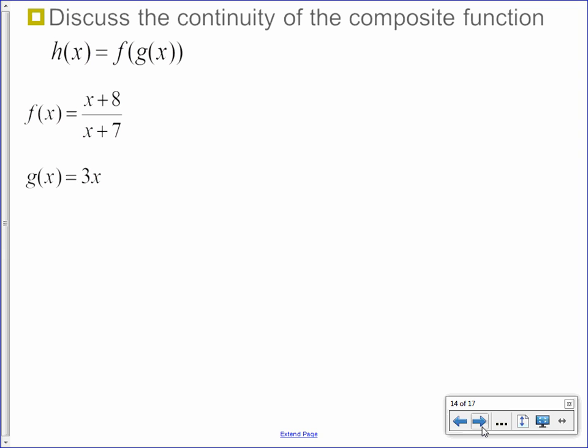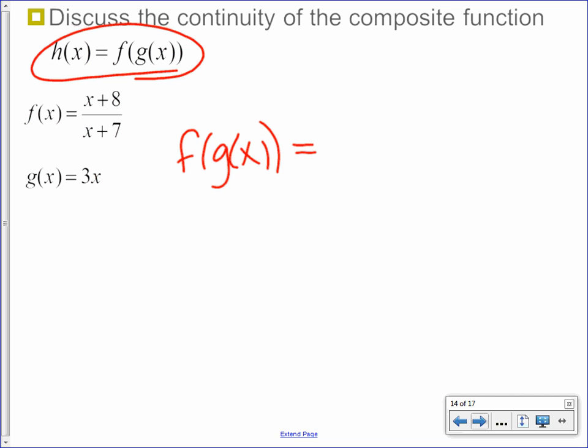So what should we probably find? Okay, first of all, we need the composition. When we plug G into F, what do we get? So this is continuous? Yeah, because nothing could make it negative.